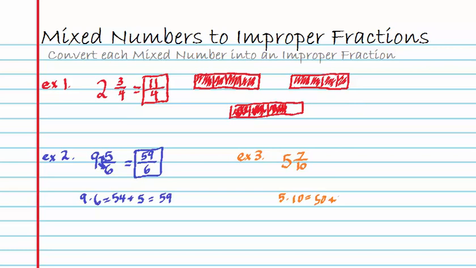So I have to add 50 with 7. So 50 plus 7 is 57. So my new numerator is 57, and I keep my denominator of 10. So 57 over 10 is my improper fraction for 5 and 7/10.